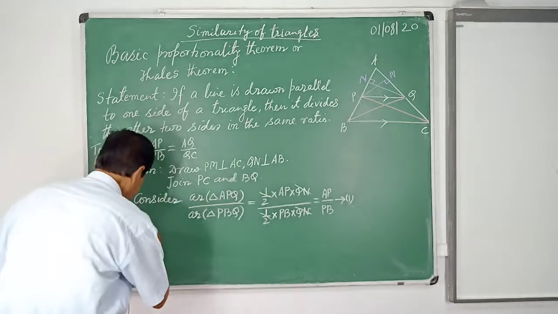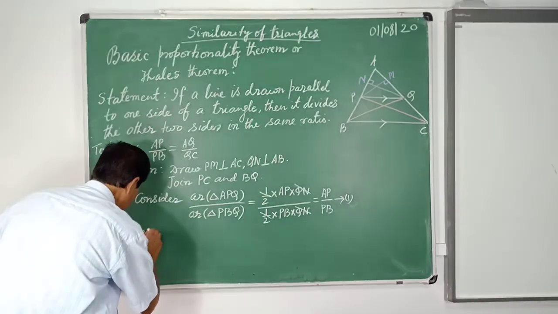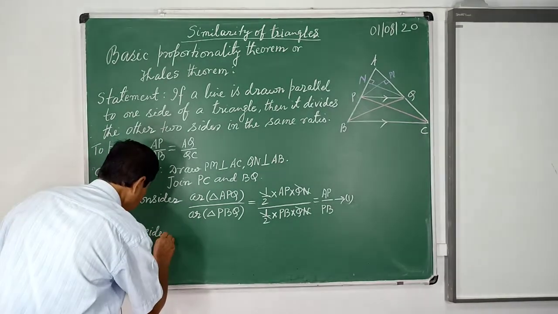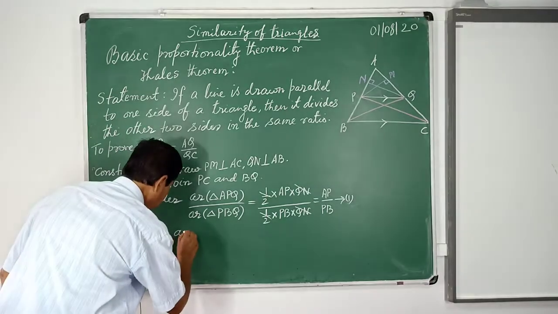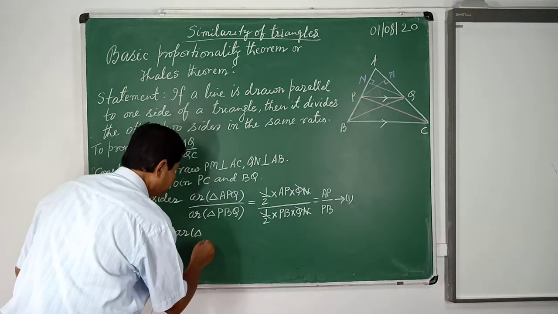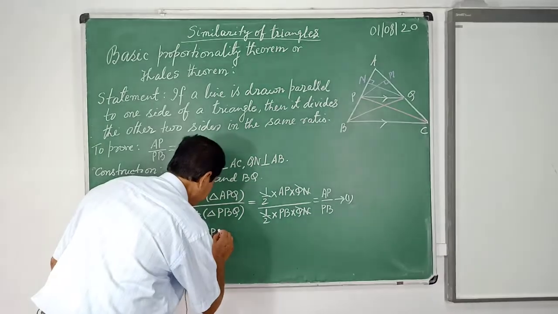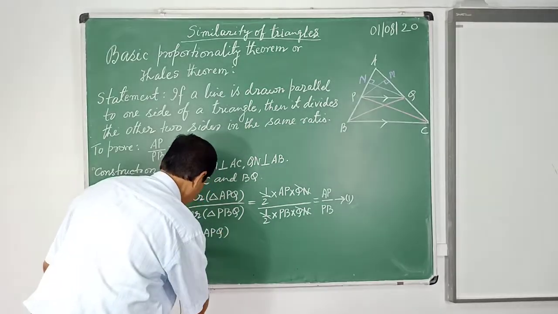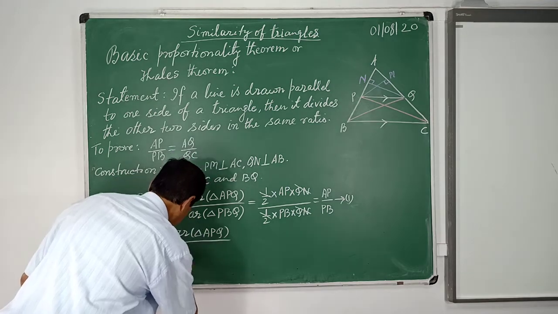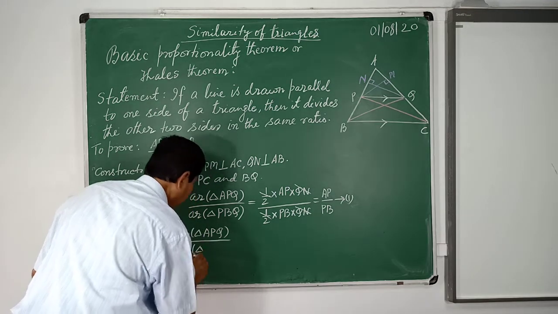Again consider area of triangle APQ. The numerator will remain the same, APQ, and area of triangle.